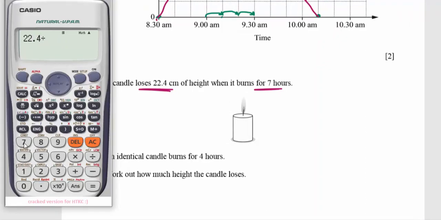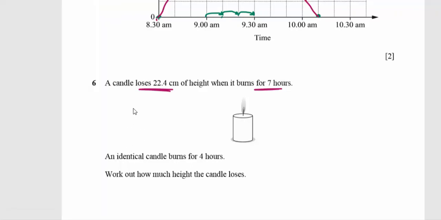So by dividing 22.4 by 7, we will get 3.2, which is in 1 hour. The candle loses 3.2 centimeters in 1 hour. Okay, now we need to know the height in 4 hours.